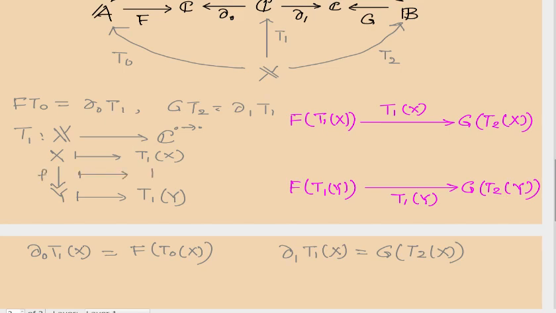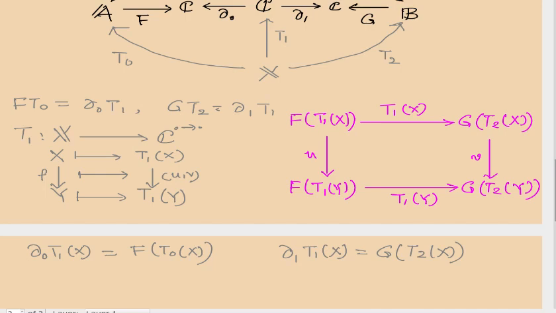This is going to be a pair. Now, this is the arrow category, so U and V are arbitrary arrows of C.